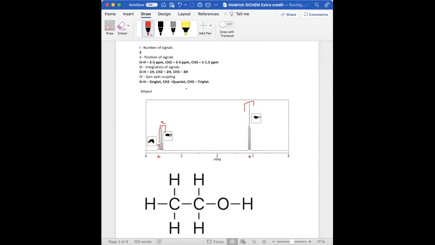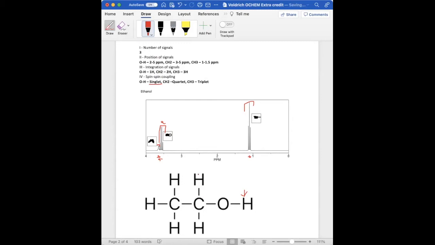Now, just looking at this, we already can tell which ones are which based on the spin-spin coupling, and I have blacked out the integration just to make it a little bit more challenging. But we can then determine that since this hydrogen is going to be the furthest downfield and have a singlet, this singlet right here is the OH.